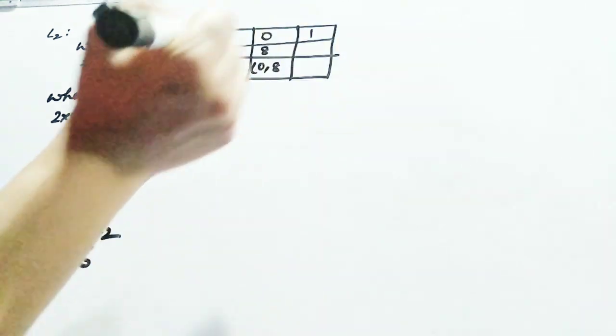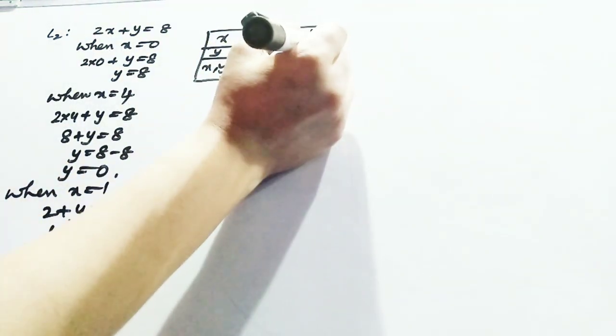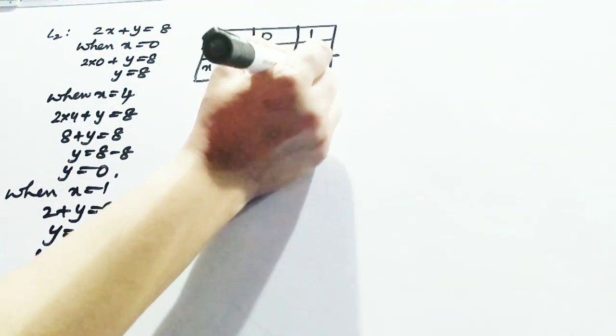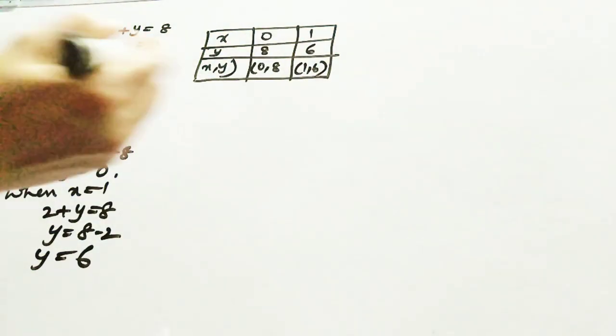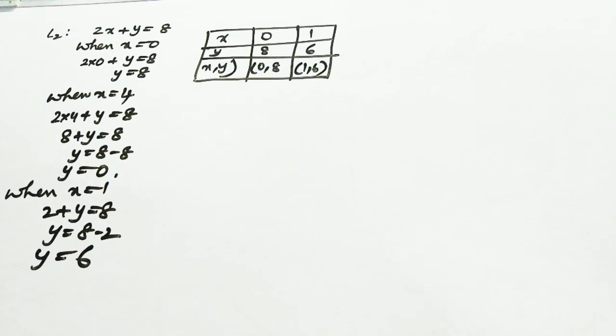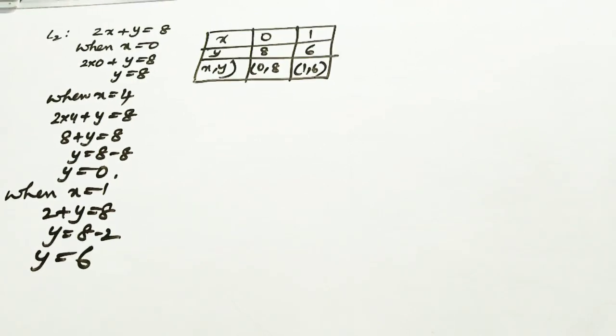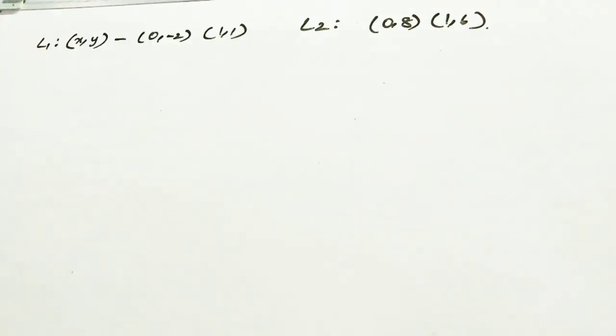If x is 1, the value of y is 6, so you can take 1 comma 6. You can take more than 1 value, like 2, 3 and 4. These are the solutions we get for L1 and L2.